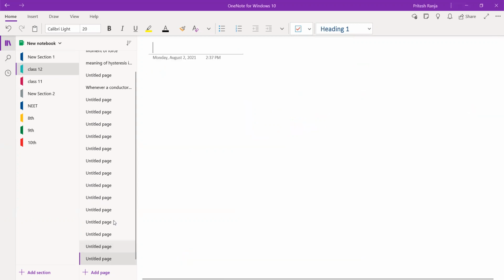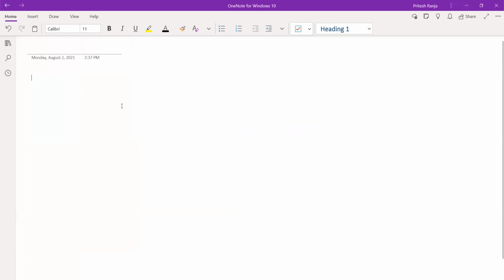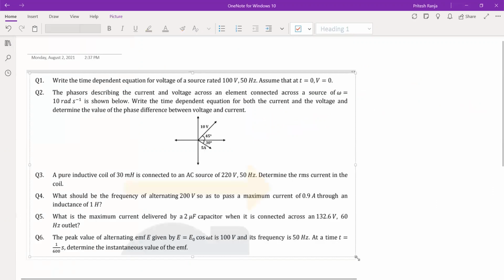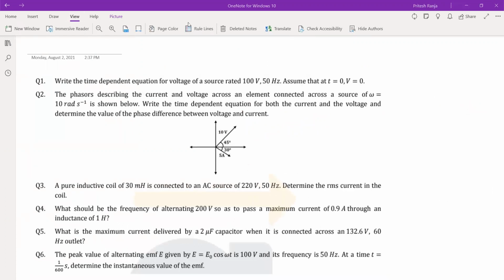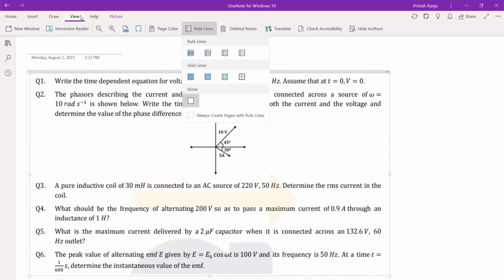So from point 1, let us discuss the level 1 questions. Any doubt you all have, you can let me know now.